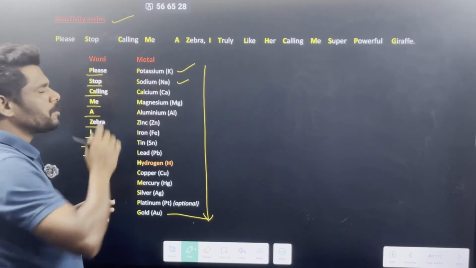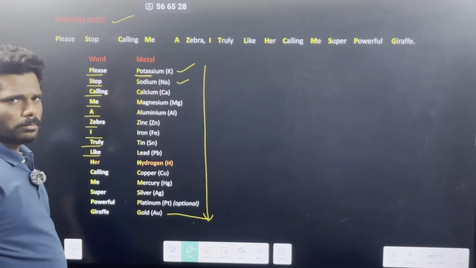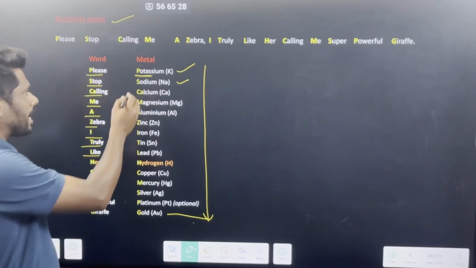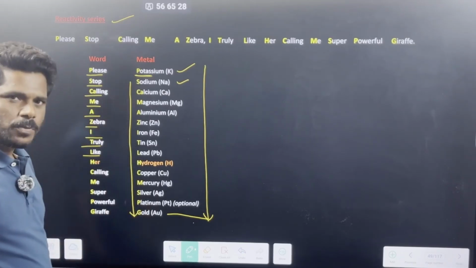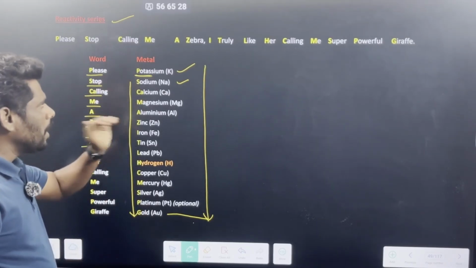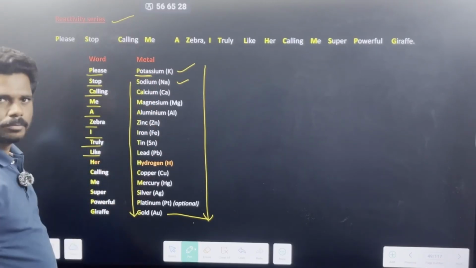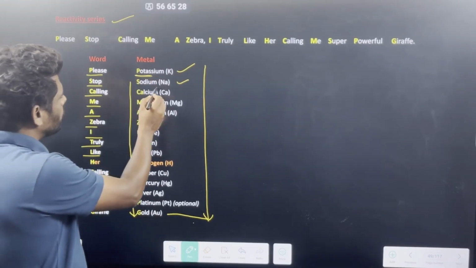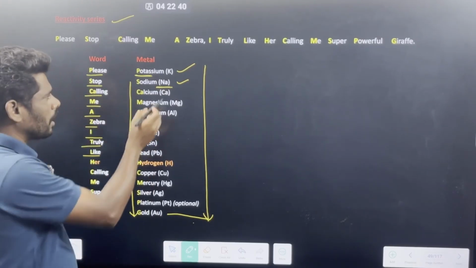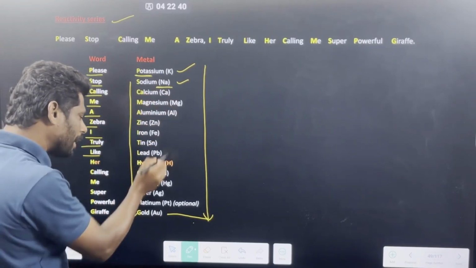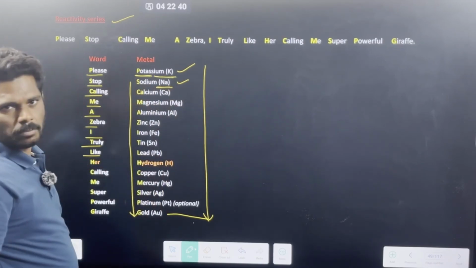Since we are talking about displacement reaction, any metal can displace all the other metals from their compounds which are below it. Now means potassium can displace any other metal. Look at the sodium. Sodium is the second metal. It can displace all the metals from the bottom, but it cannot displace the potassium.